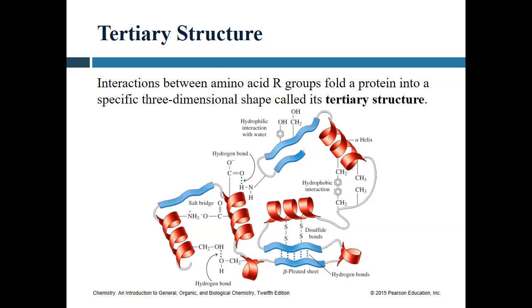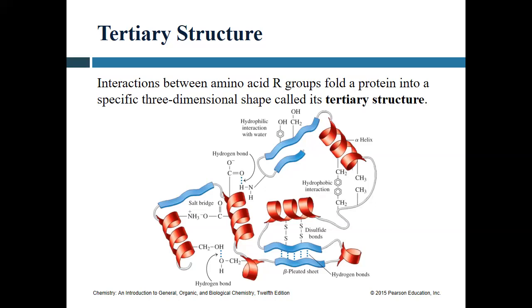Here's a nice hydrophilic region where we've got some OH groups here that are definitely polar and are going to interact with water very favorably. We've got some more hydrogen bonds that form. Then we've got some of these other things.